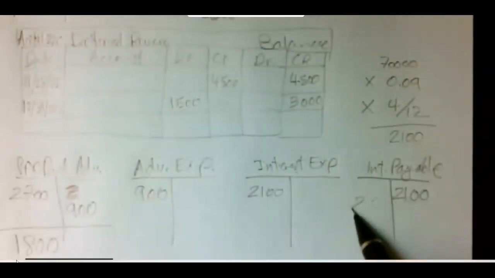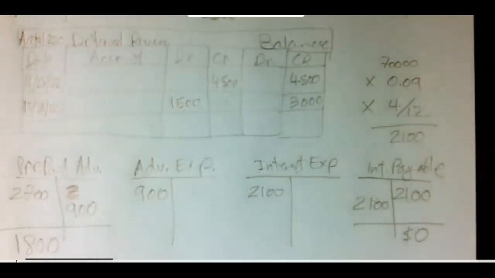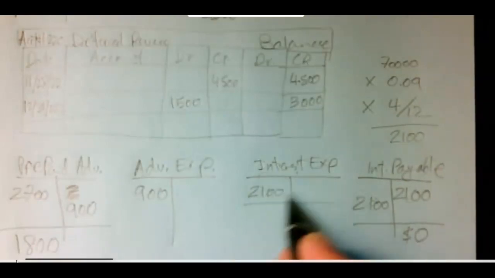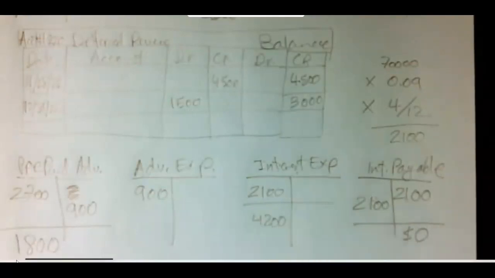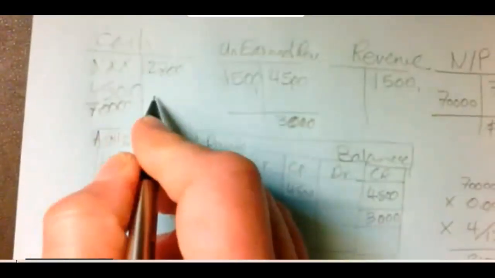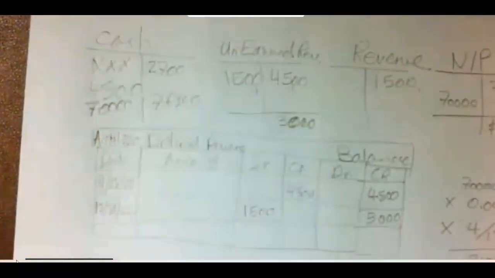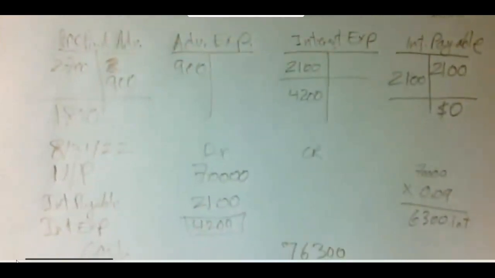Interest payable should be closed. That's 0. Remember, every expense or revenue is closed at the end of the year. That's a closing entry for temporary accounts. So you recognize another $4,200 of interest expense for year 2022, and you pay $76,300 cash to pay that liability. Questions?